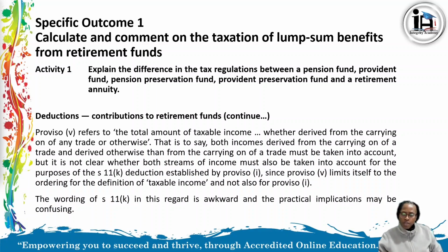That is to say, both income derived from the carrying on of a trade and derived otherwise must be taken into account, but it is not clear whether both streams of income must also be taken into account for the purposes of the Section 11K deductions established by Proviso 1, since Proviso 5 limits itself to the ordering of the definition of taxable income and not also for Proviso 1. And the wording of Section 11K in this regard is awkward and the practical implication may be confusing.